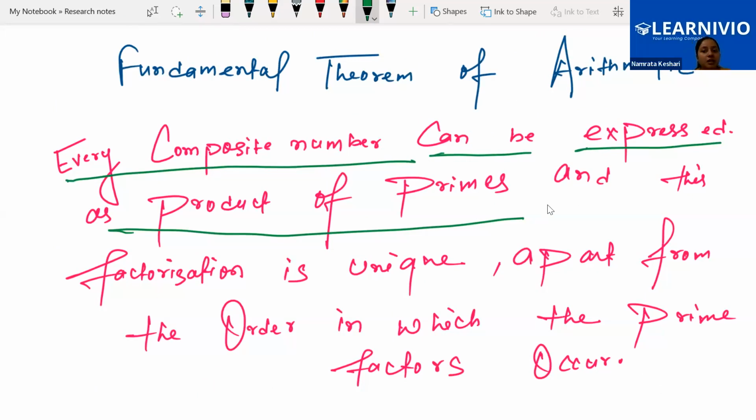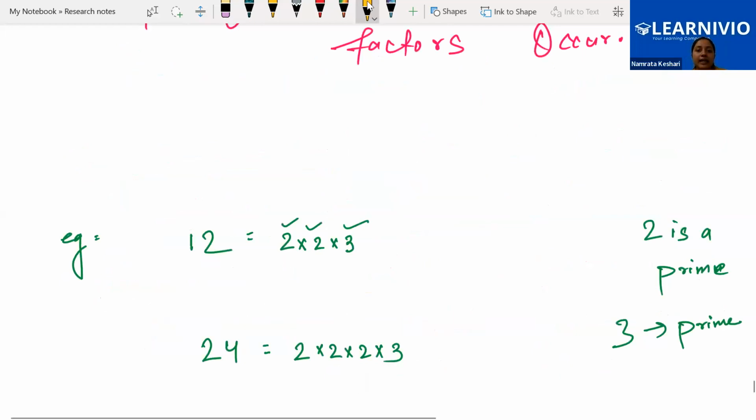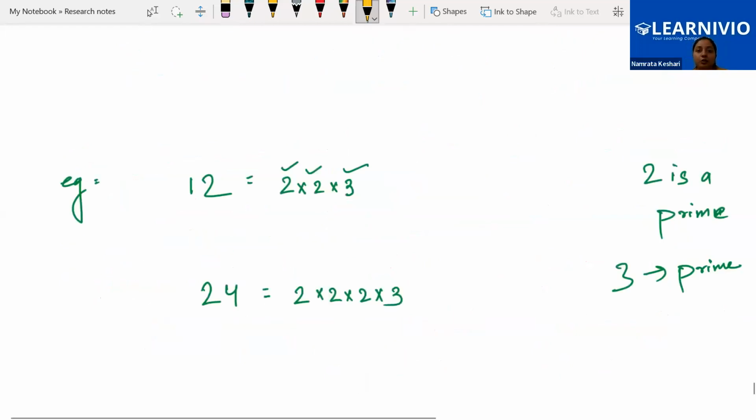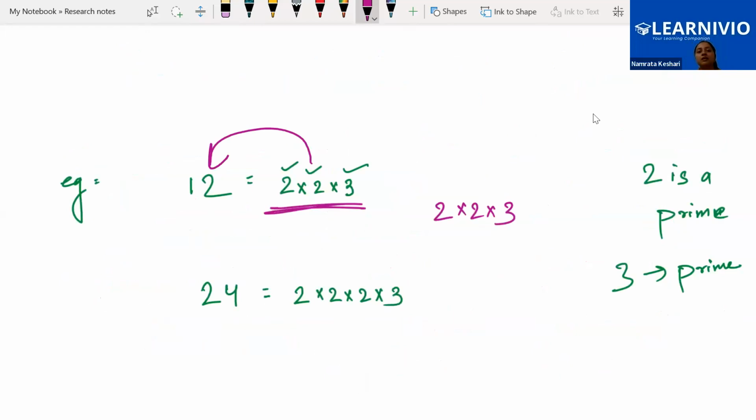What about the next? And this factorization is unique. The theorem says, and the yellow underlined part says, that this factorization is unique. Unique means if you take 2 into 2 into 3, you will be able to generate this number 12 only.